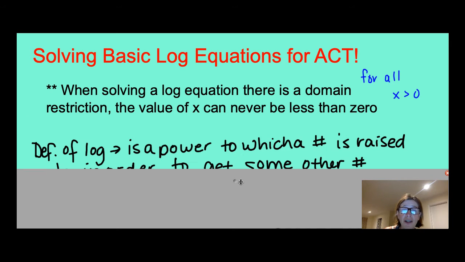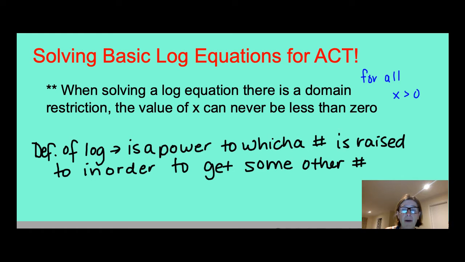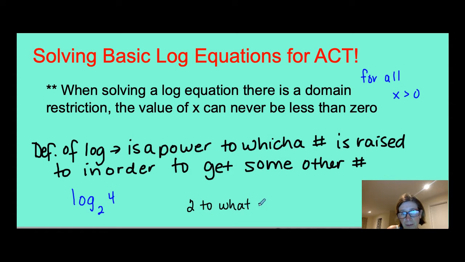But the definition of a log is a power to which a number is raised in order to get some other number. So if I give you, I don't know, log base 2 of 4, this is actually saying 2 to what power equals 4.